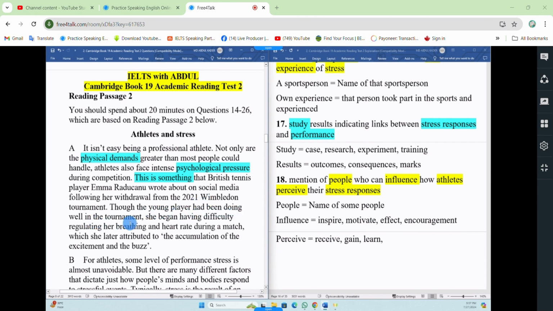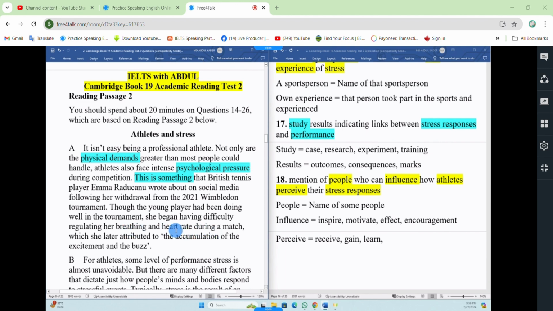Though the young player had been doing well in the tournament, yes, she was performing well, she began having difficulty regulating her breathing. Actually, she couldn't breathe properly, right?